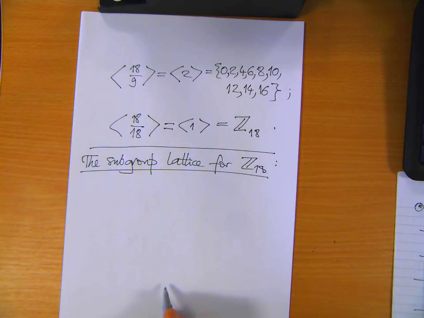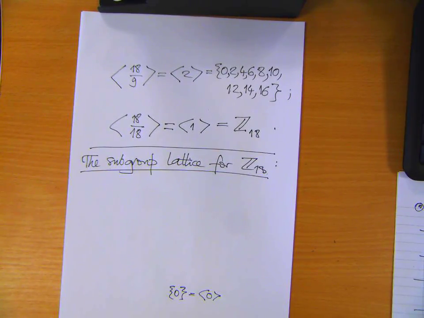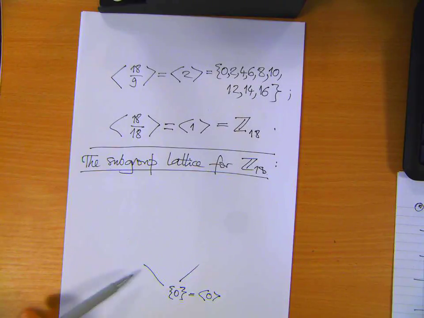So we start at the bottom, or you could start at the top if you wanted, with the trivial subgroup, and we draw a line up to the next subgroup, of which the one you've started with is a subgroup.